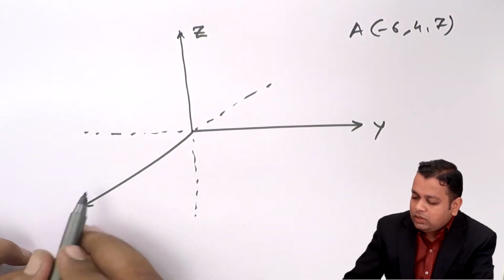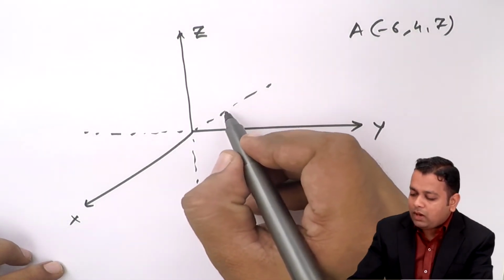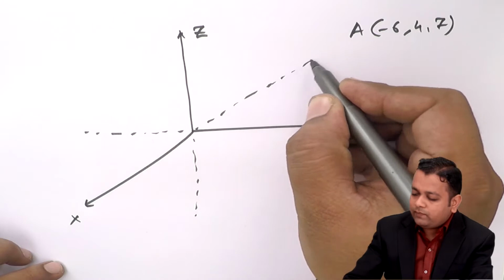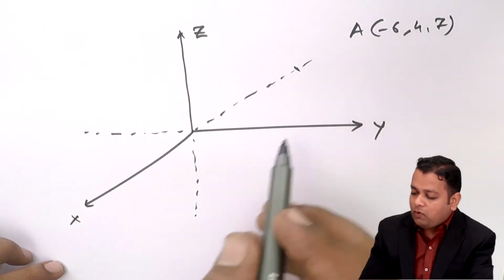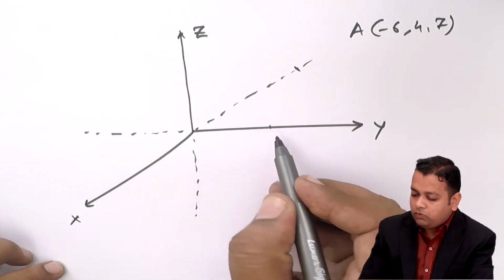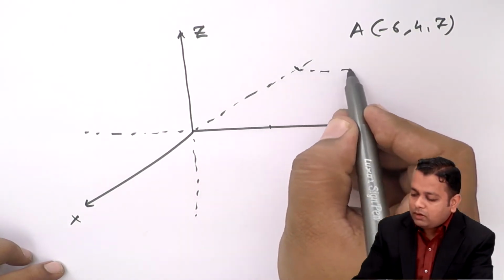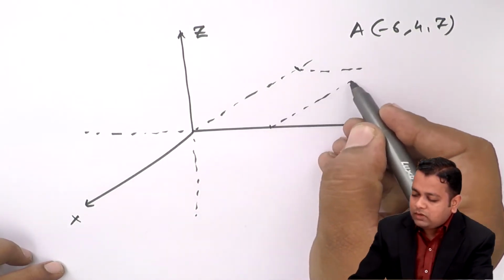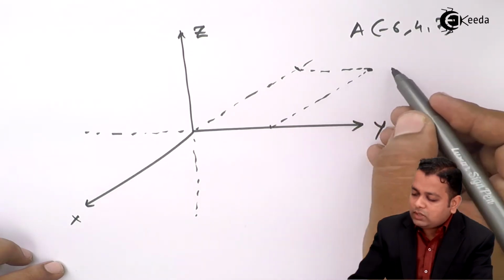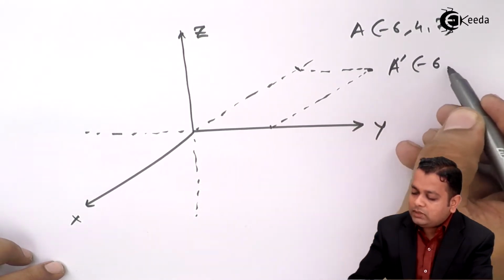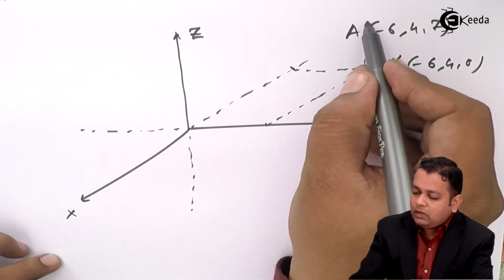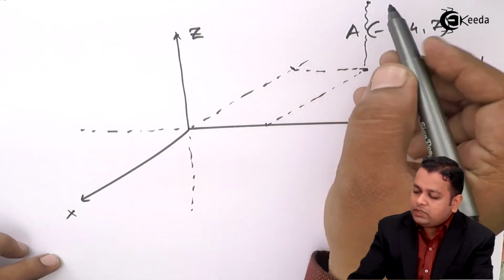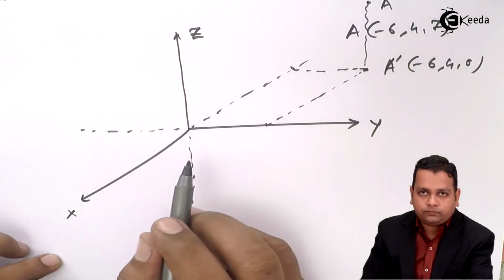So in the negative direction of X we mark 6 units, then 4 units for Y. Drawing lines parallel to X and Y, the intersection gives us A dash, minus 6, 4, 0, and if we increase the height by 7 units, it will be point A.